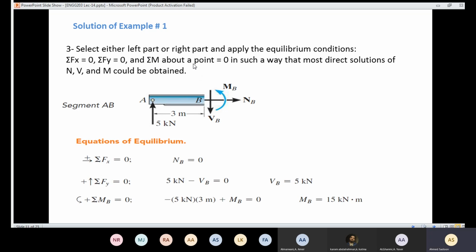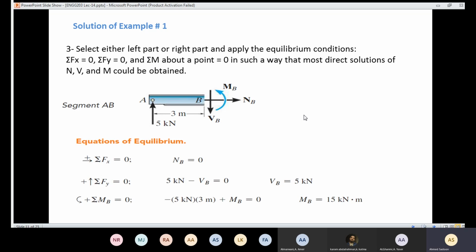So if you are going to take a section here, you are going to calculate NB, VB and MB. In order to design that beam at point B, you need a material capable of handling those forces here. Otherwise, a failure will take place.